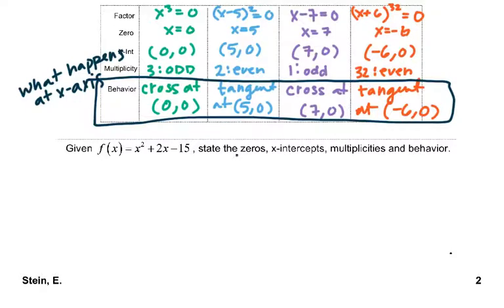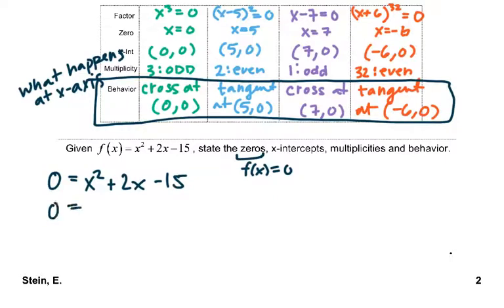But if I want to find the zeros, zeros mean I'm going to set the function equal to 0. So I have 0 is x squared plus 2x minus 15. This factors x plus 5, x minus 3, and I get x equals negative 5 and positive 3.